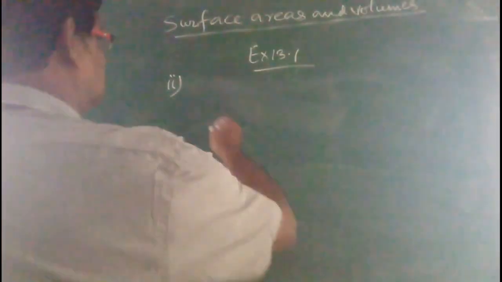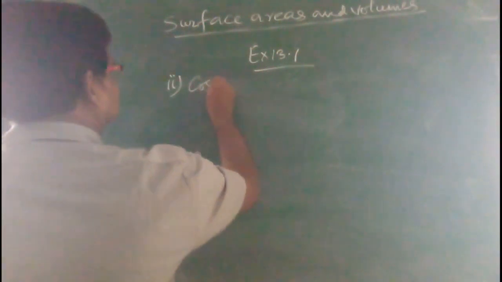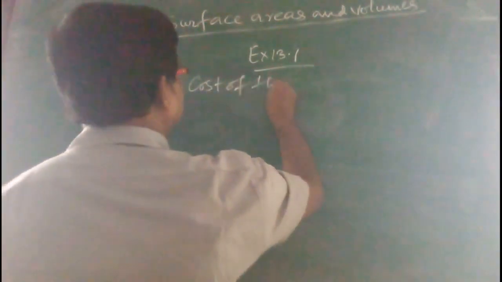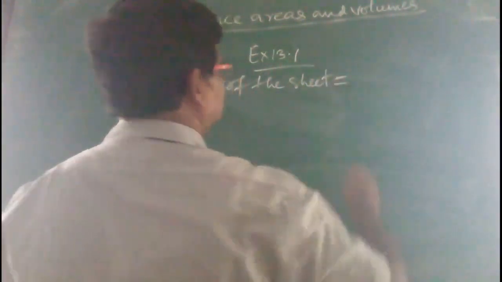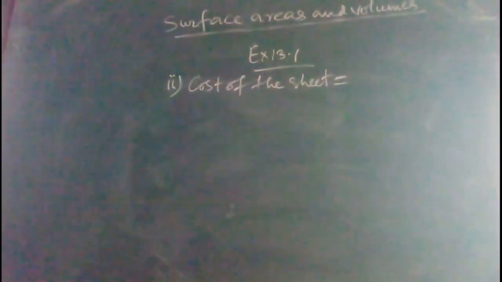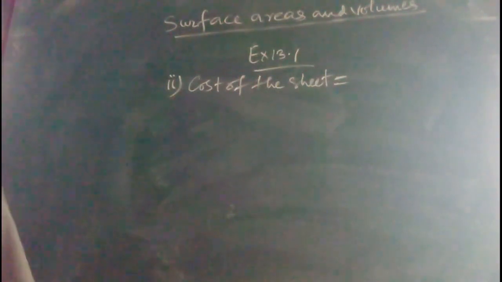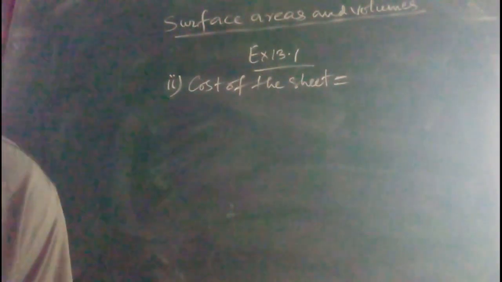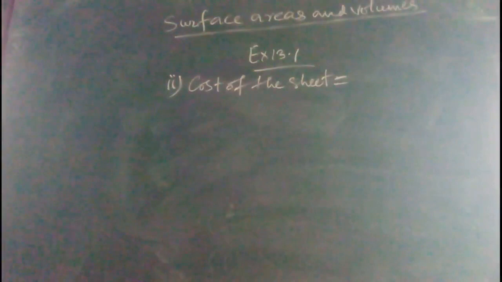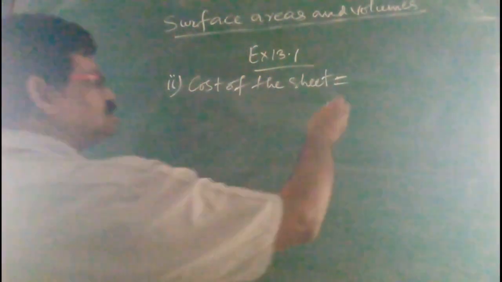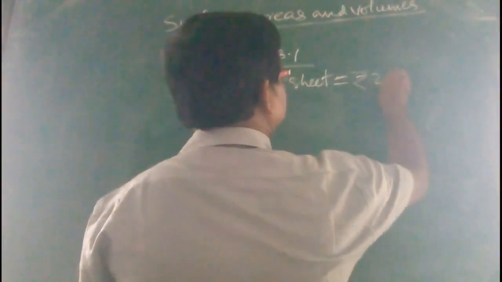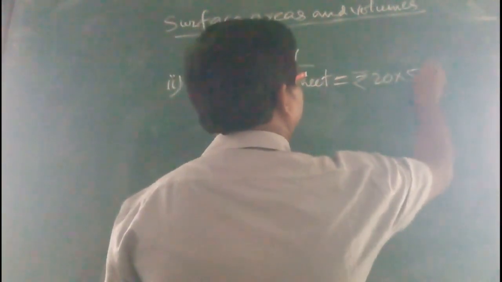The next, cost of the sheet, as 1 meter square costs rupees 20. So 1 meter square costs rupees 20 into 5.45.